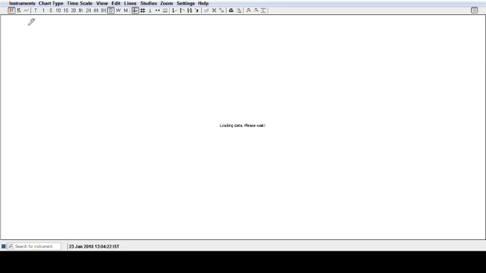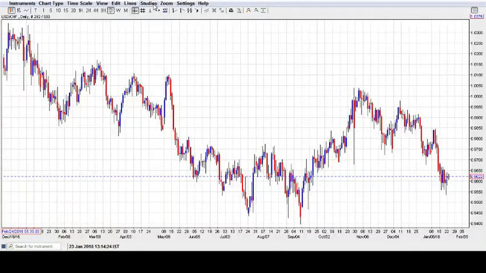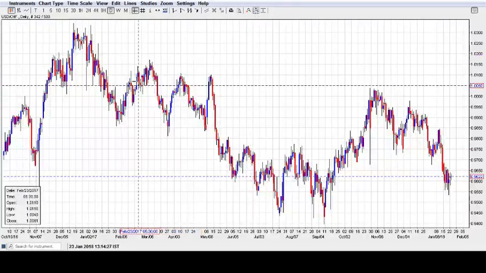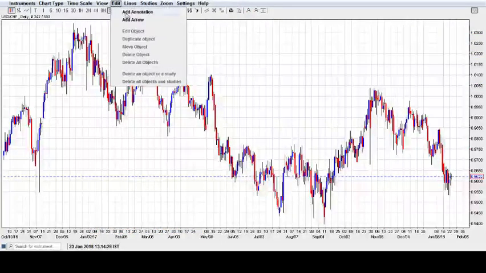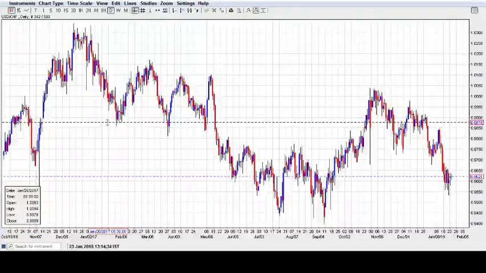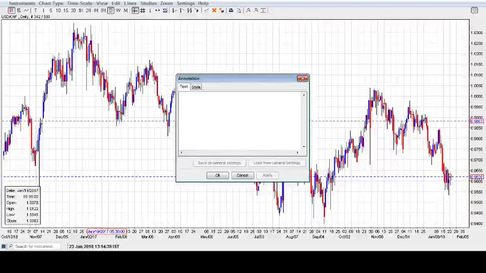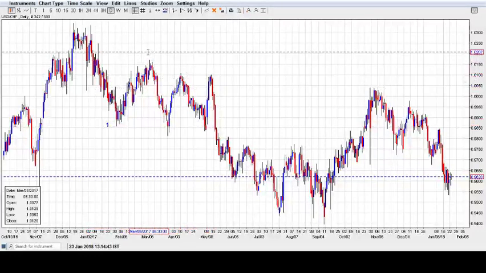Okay, dollar CHF, that's one more instrument that we've added. Let me give you a small potential wave count in the dollar index. Dollar CHF normally moves in tandem with the dollar index.